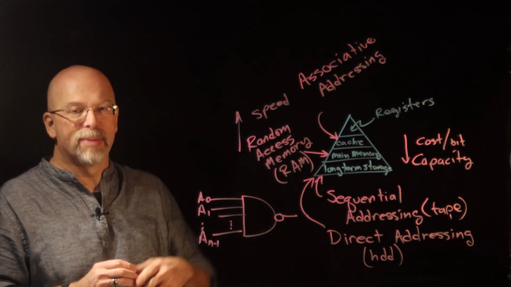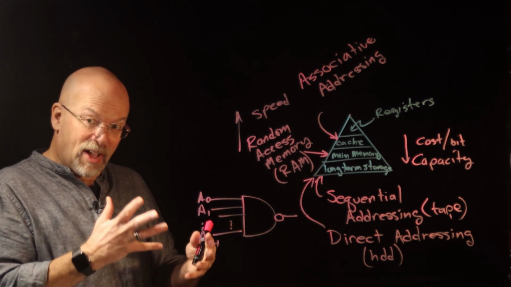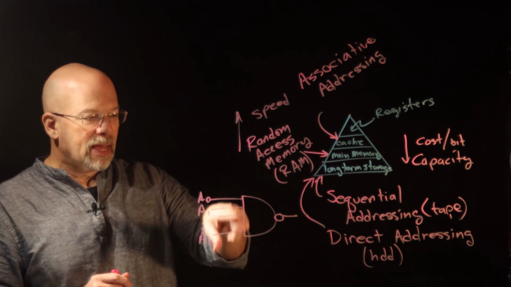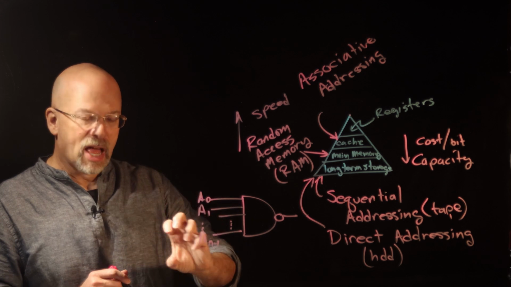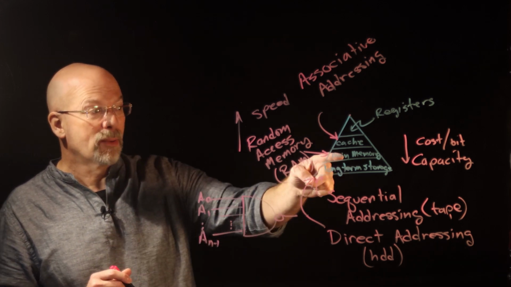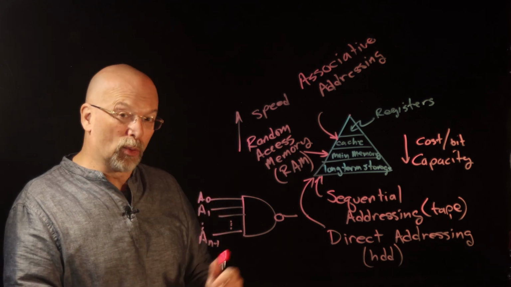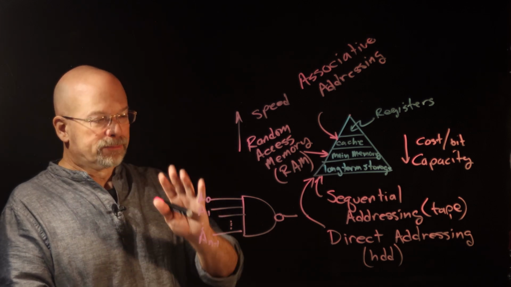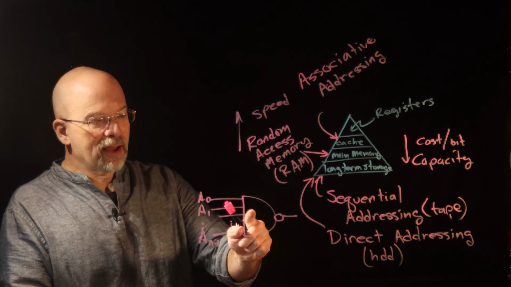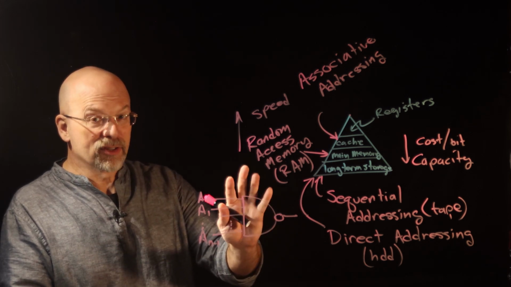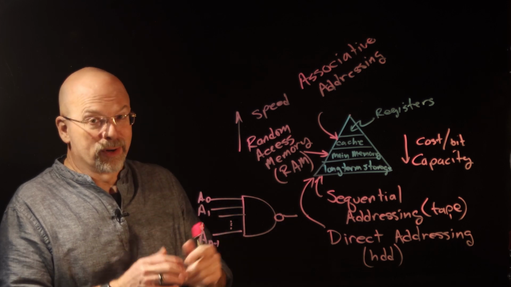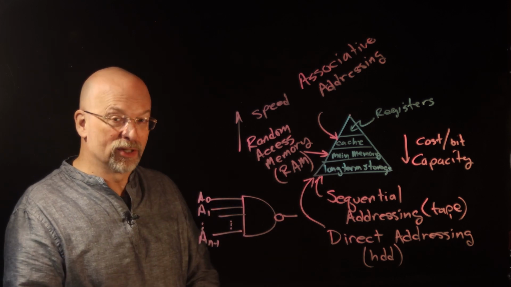So if I've got these N bits that are identifying an address within a memory device, then these address lines have to go through different NAND gates in order to identify the memory location in main memory that we're trying to access. Well, if I've got N address lines, that means this NAND gate needs to have a certain number of transistors in order to recognize what pattern of ones and zeros we're looking at on the input.